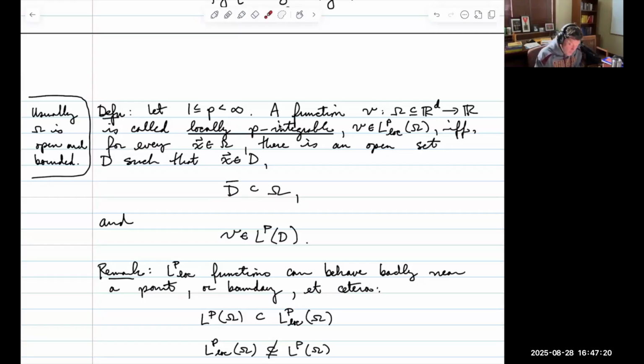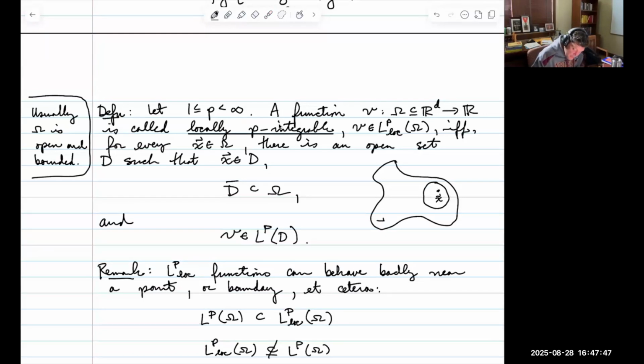Okay, so what we have here is our domain of definition. And for every point x, we need to find an open set which contains x such that its closure has to be a proper subset of the original set omega.